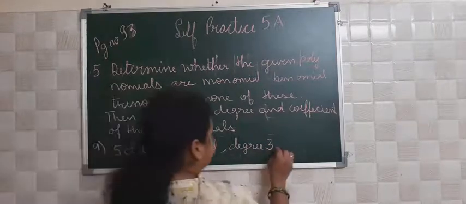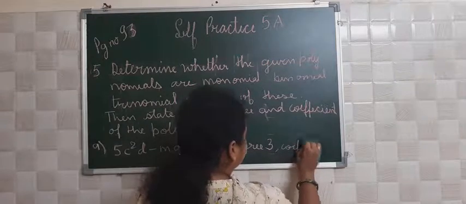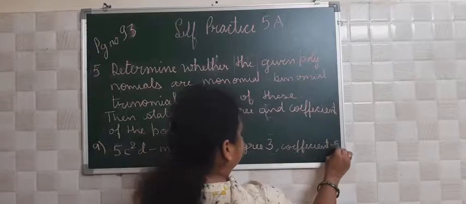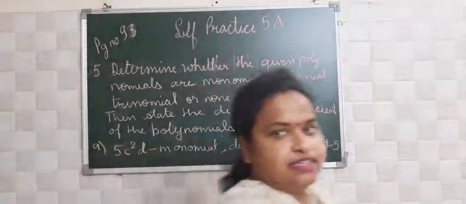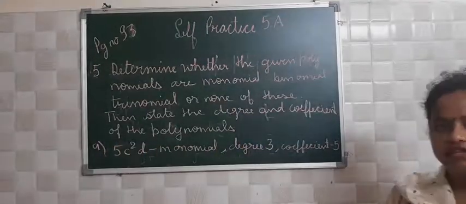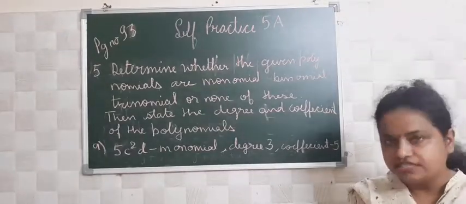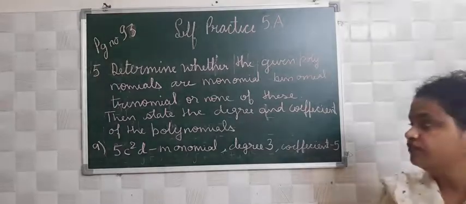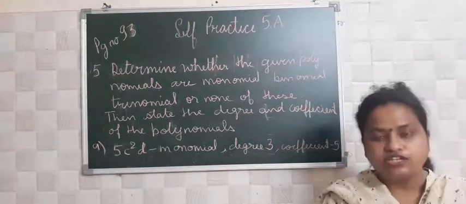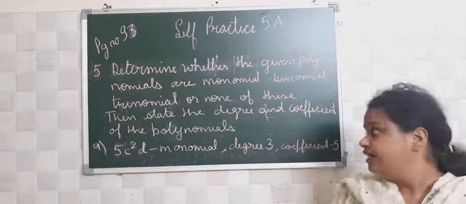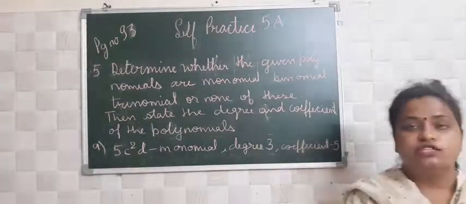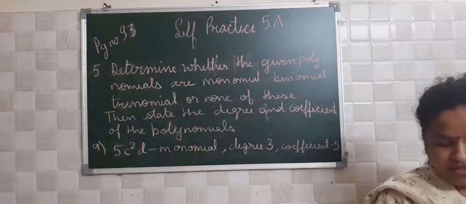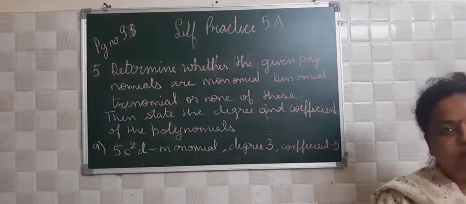The coefficient of the polynomial will be 5, because 5 is the only coefficient in 5c square d. So the type of equation is monomial, the degree is 3 since c square d gives 2 plus 1, and the coefficient is 5.